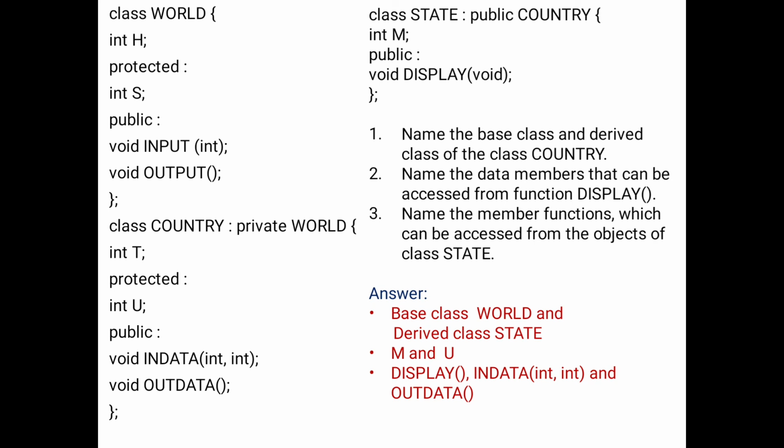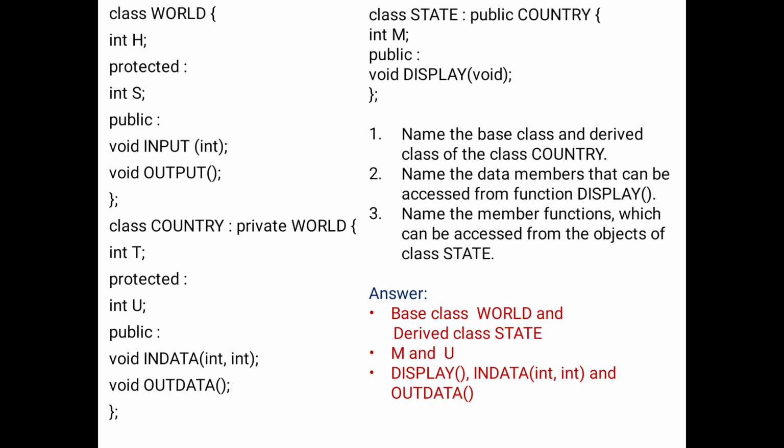Similarly, name the data members that can be accessed from the function display. In the previous program it was DISP; here it is written in full form, display. In that case, it can access m, which belongs to the class state, its own data member, and then it can access u, which is protected. It cannot access s. Similarly, name the member functions which can be accessed from the objects of the class state.